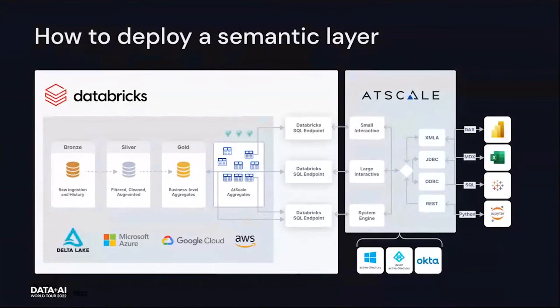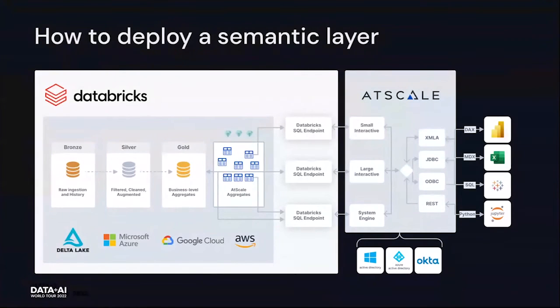The AtScale semantic layer is then translating the logical view of that data, so their logical queries, with the protocols of those queries, and translating them into Databricks SQL, which then runs against Databricks and the Databricks gold layer.